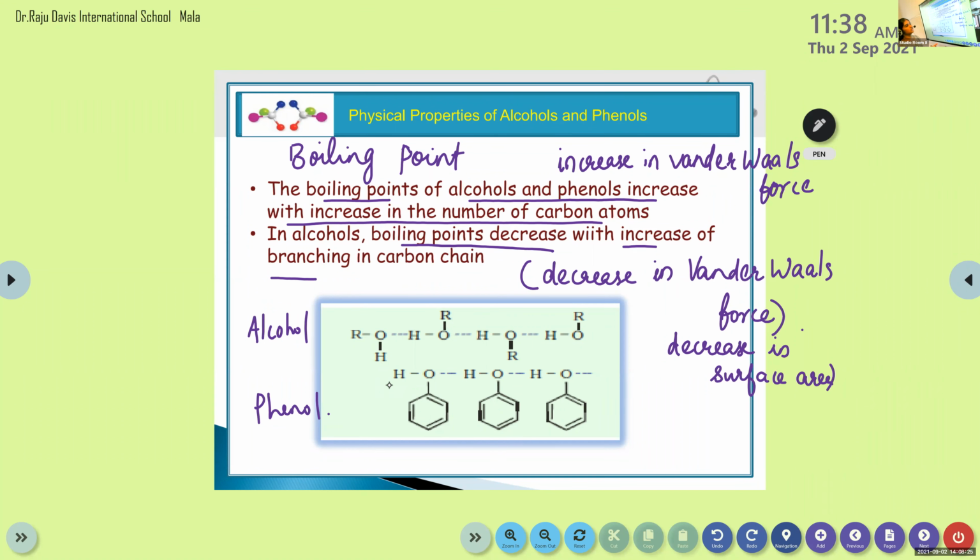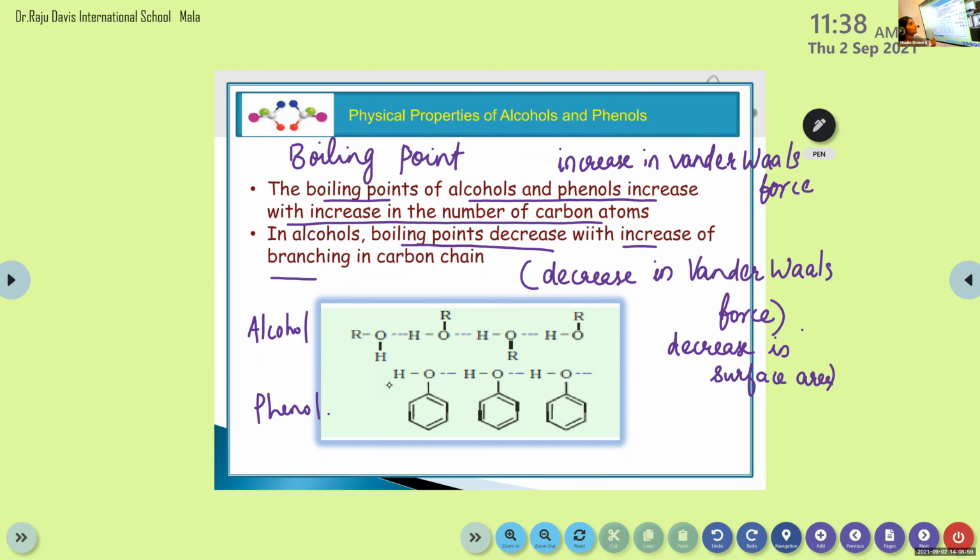What is this? The dotted line represents a force that exists between oxygen and hydrogen. The oxygen of one alcohol, that's with the hydrogen of another alcohol. So what is this dotted line? Force. Which type of force? Van der Waals force. But it's not in the case of the same alcohol, right? One alcohol with another one.